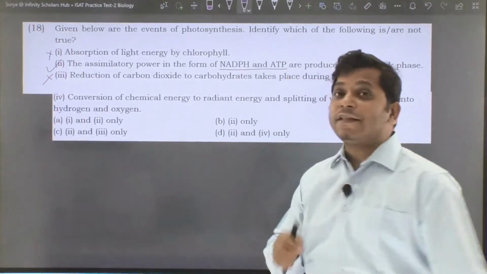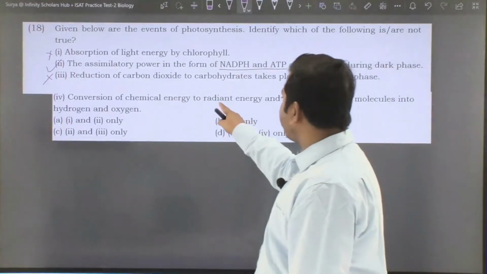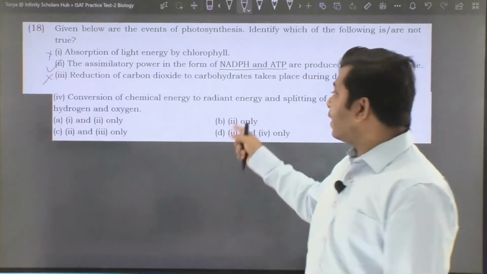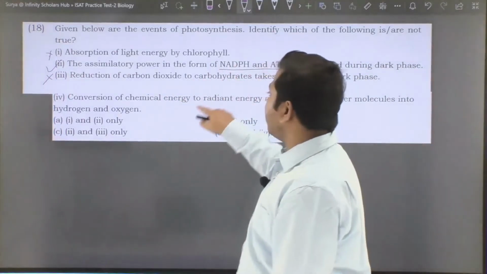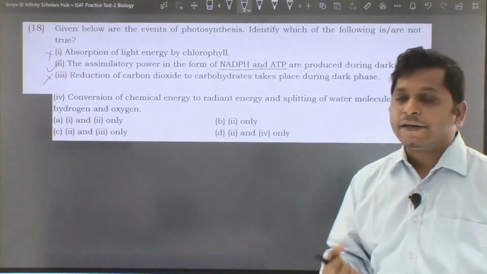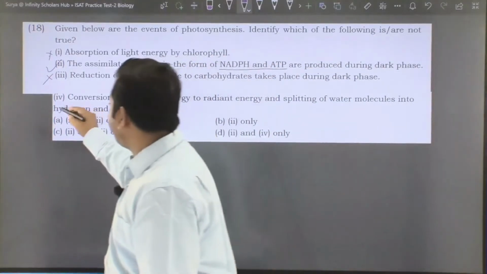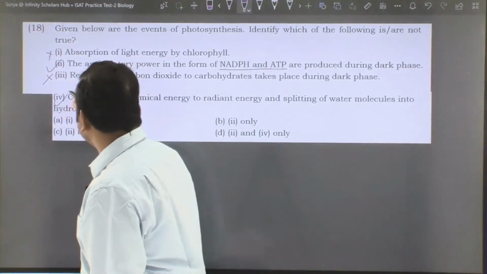NADPH and ATP, these are the chemicals. So the radiant energy which is coming from the sun will get converted into the chemical energy in the light reaction. Okay, so this is the incorrect option, but for us this is the right choice, right?